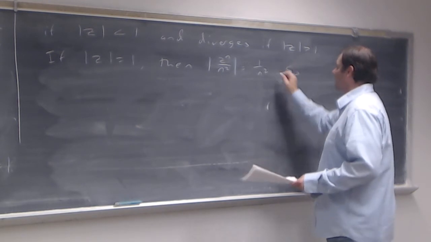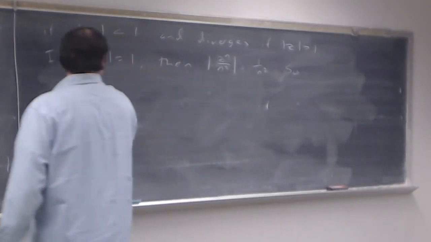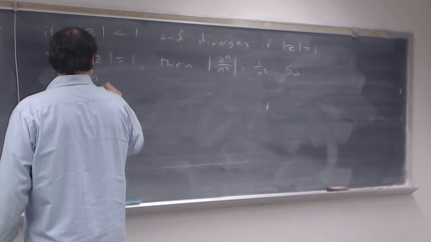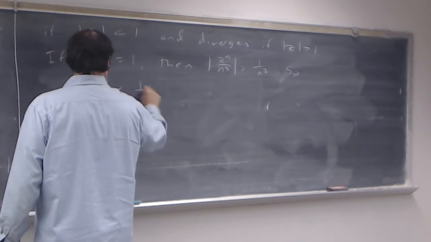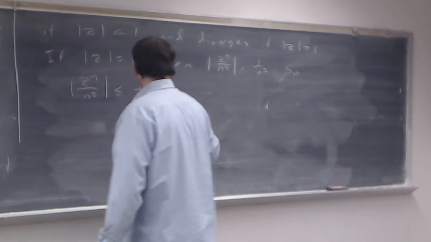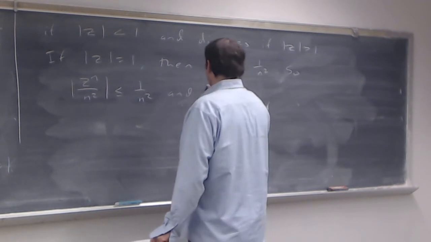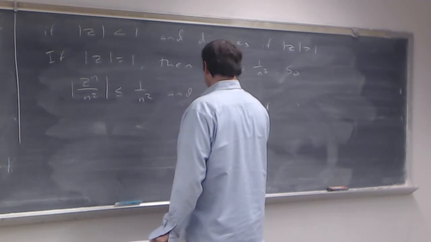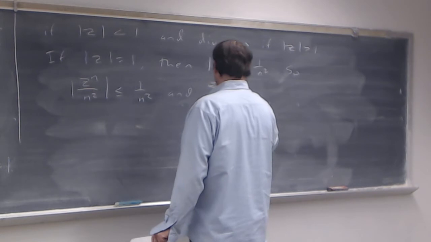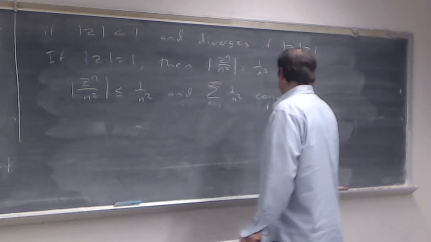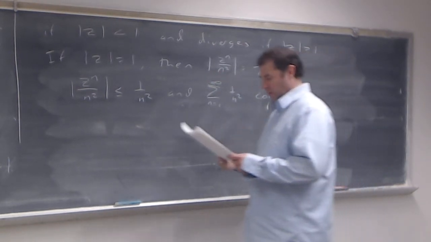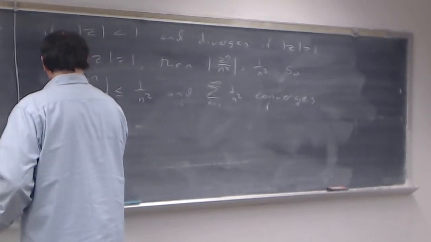So what can be said is that the absolute value of z sub n over n squared is less than or equal to 1 over n squared, because it's the same in this situation. And this series right here converges. Okay?